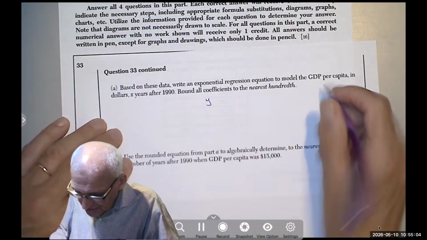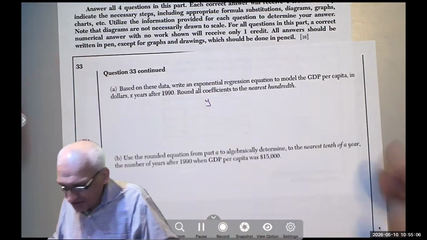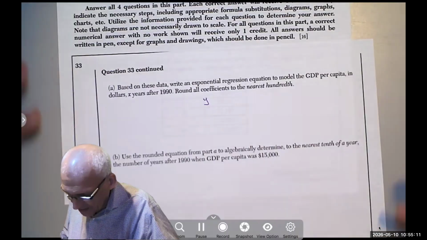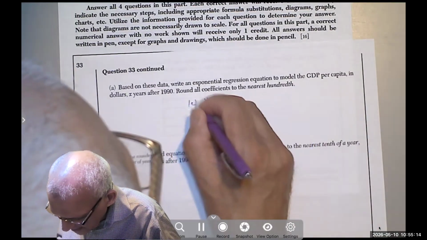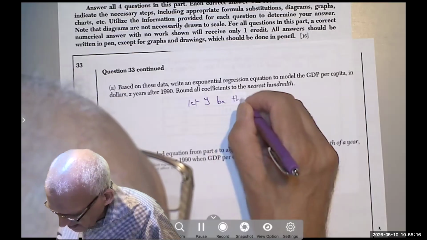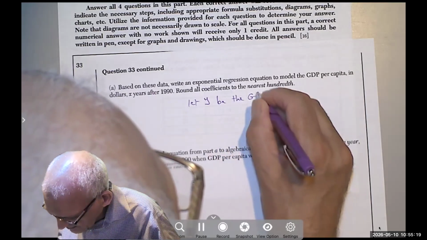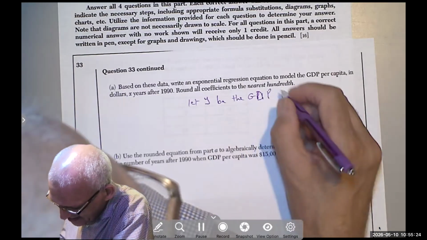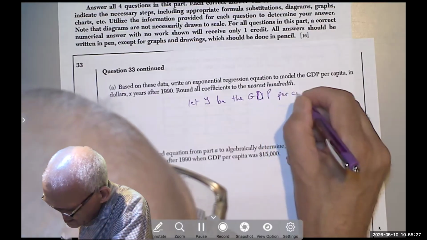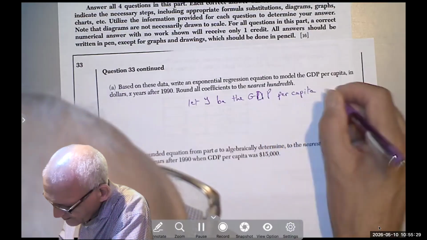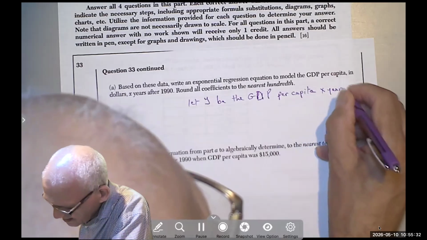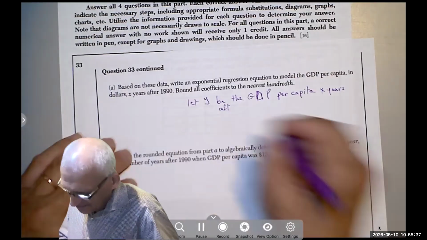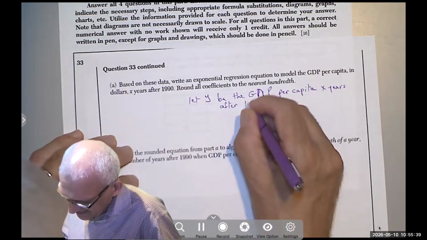They said x and y, so you can say let y be the GDP per capita X years after 1990.